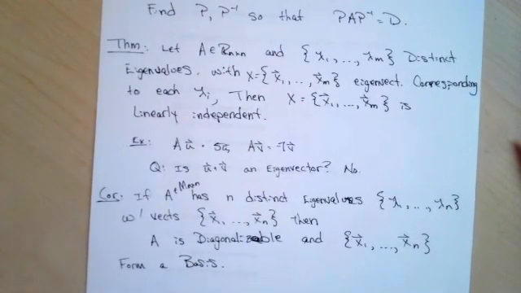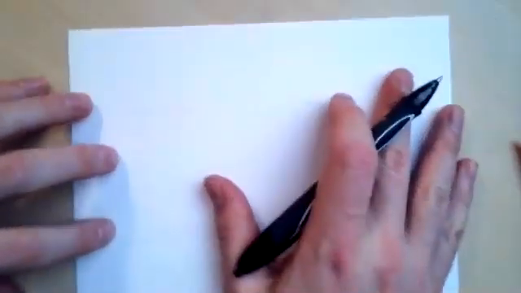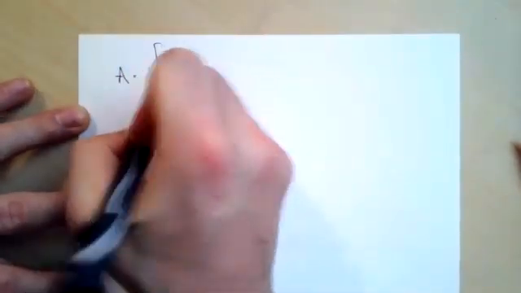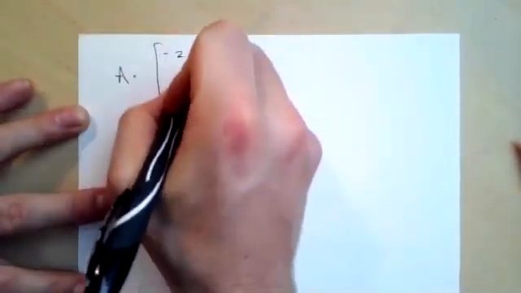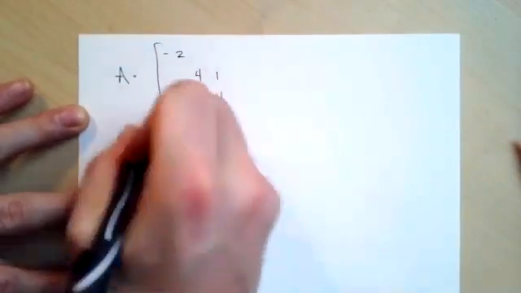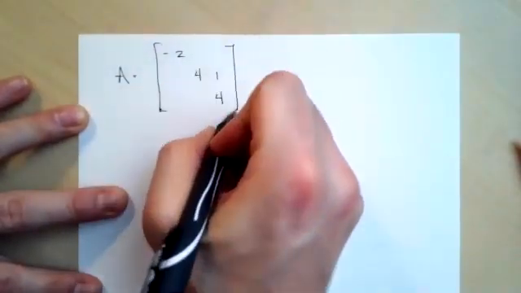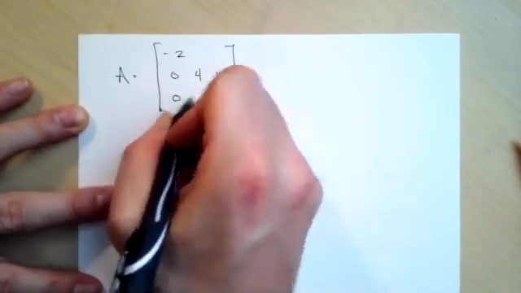So let's take a look at another example, and hopefully this one won't take us too long. It's going to be similar to something we saw on the exam. So in question 6 on last week's exam, we saw a matrix that was triangularized for you.